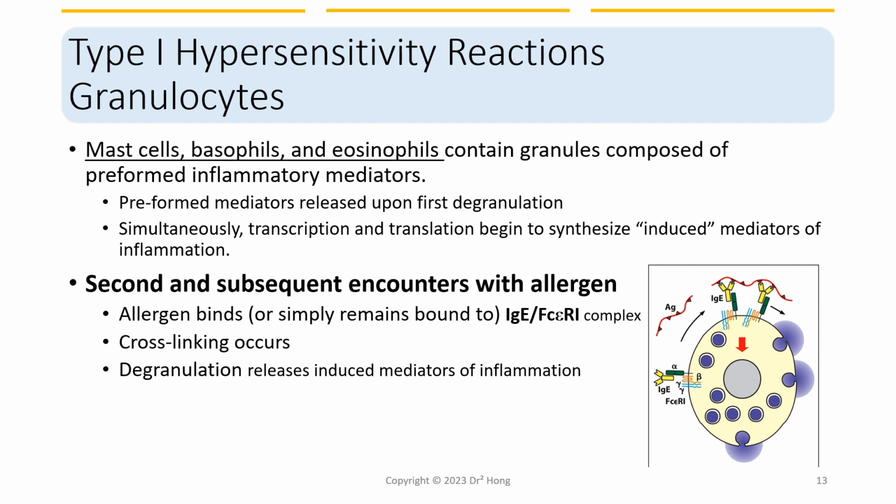When the IgE and Fc receptor complex on the mast cell surface encounters allergens a second time, it will quickly release its granule contents. We call this process degranulation. Then the process continues and more inflammatory mediators are synthesized.